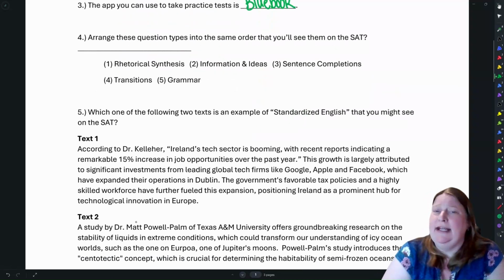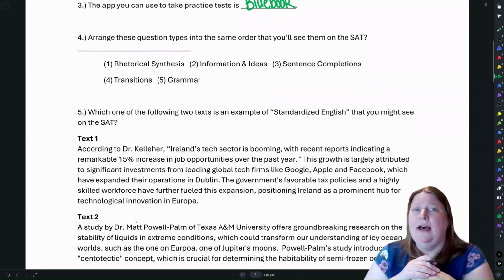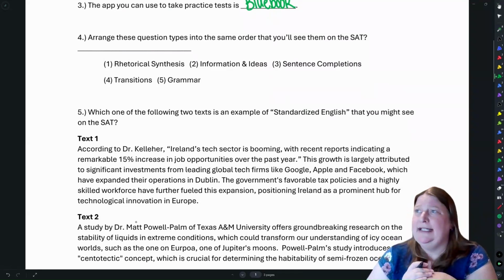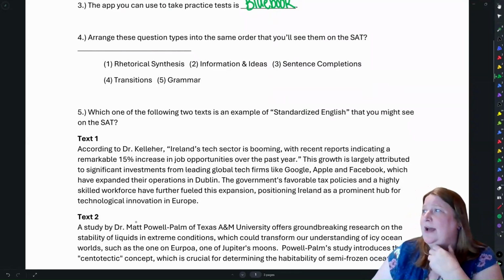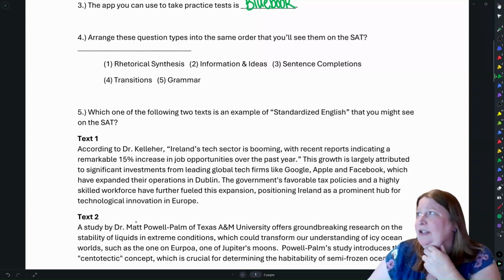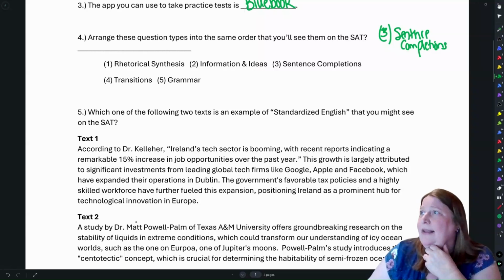And then when you're taking the reading and writing section, the questions do come in a predictable order. The first questions are always the sentence completion, so we would put that on the top of the list. And then information and ideas would be the next grouping of questions.